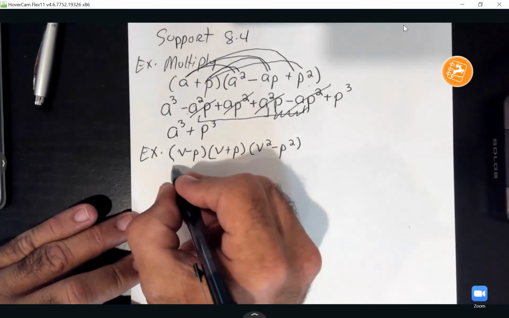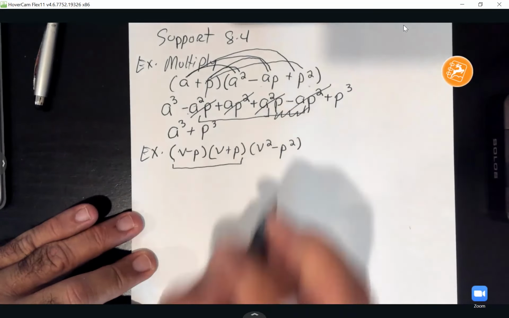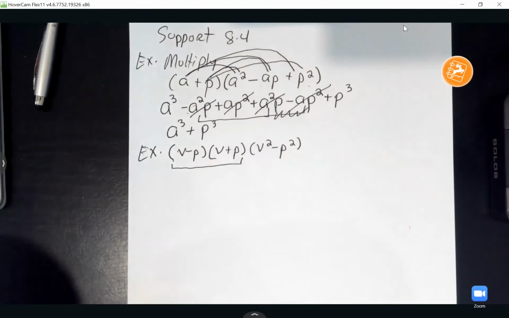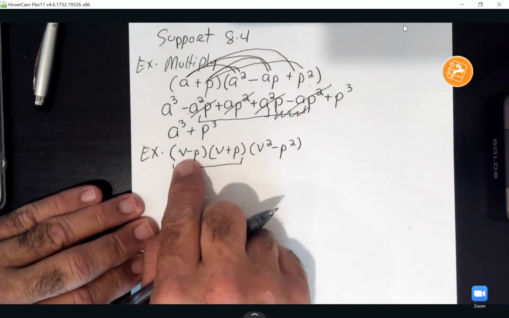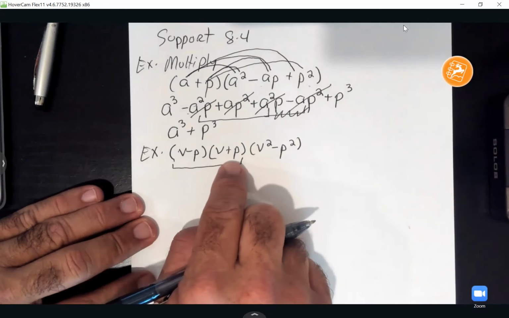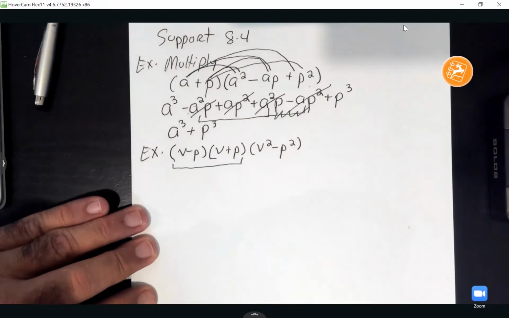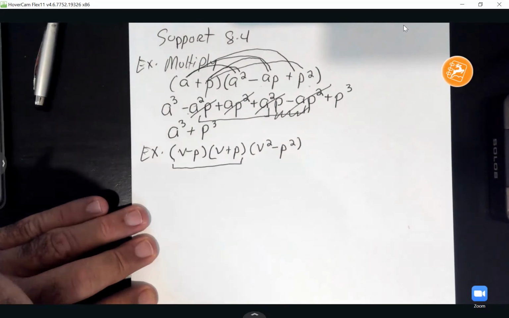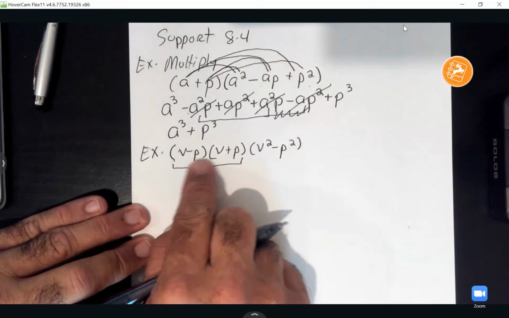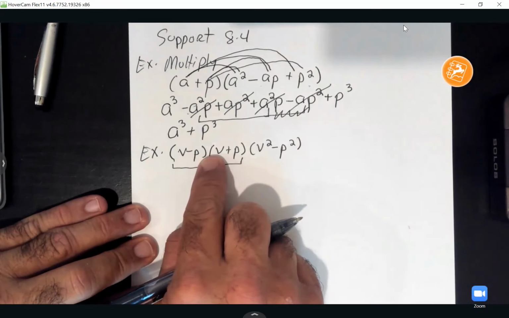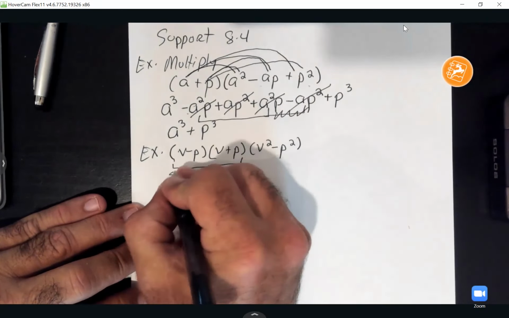So I'm not going to lie, on this one, I would probably start right here. Now, y'all, do y'all notice something? V minus p and v plus p. Those are conjugate pairs, right? One's added and one's subtracted. Since these are conjugate pairs, I'm going to shortcut FOIL these.